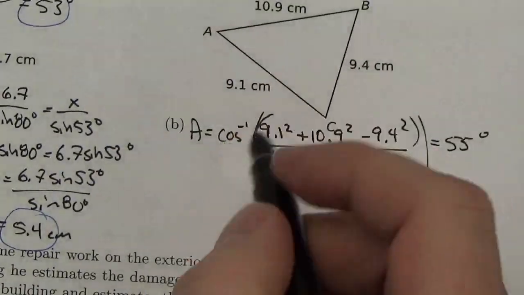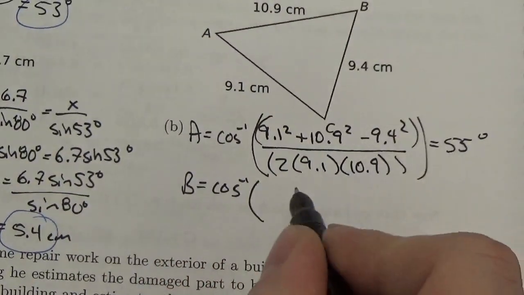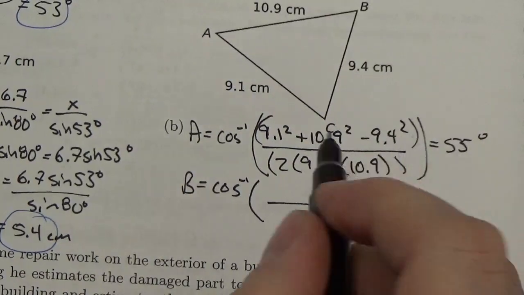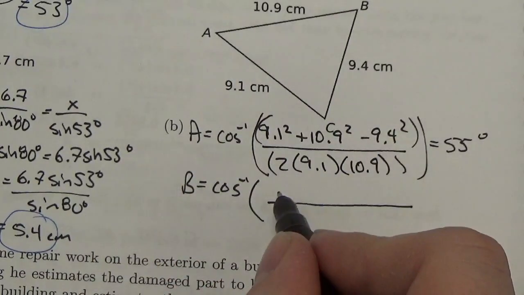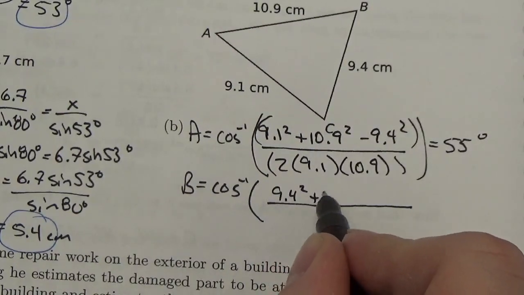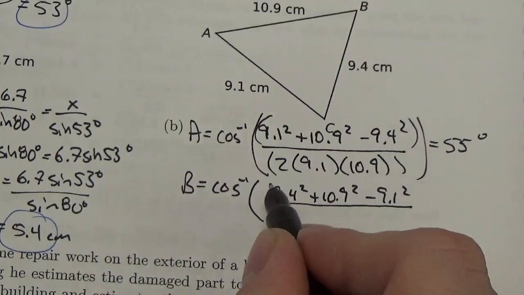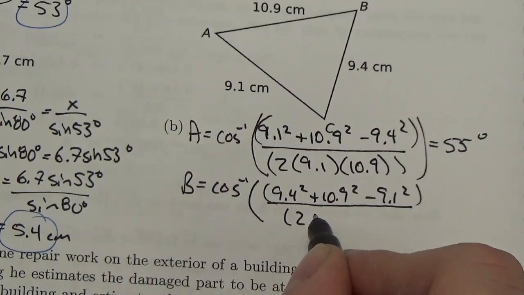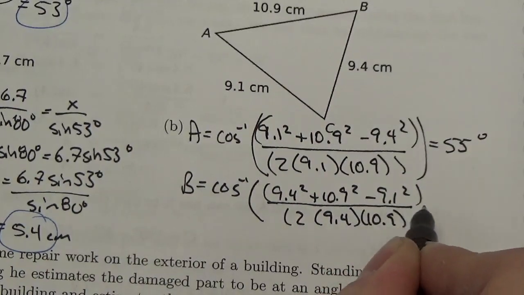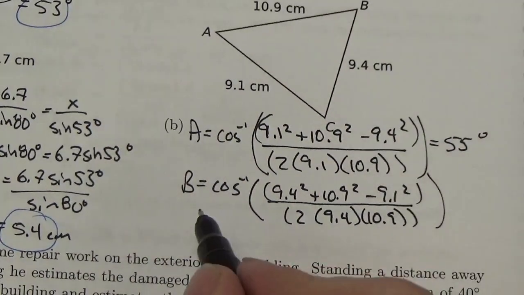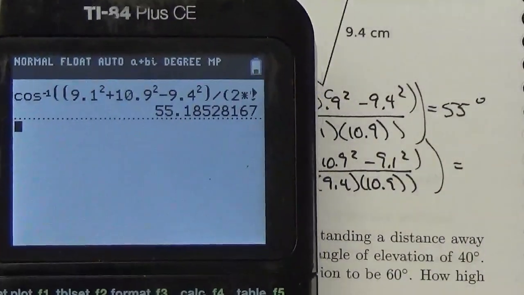Okay, let's look for angle B, and let's do the same thing. That'll be the inverse cosine of, now to do B, we're going to subtract the 9.1 there, so it'll be 9.4 squared plus 10.9 squared minus 9.1 squared, all over 2 times 9.4 times 10.9. Okay. And what does that become? Well, let's try that again.